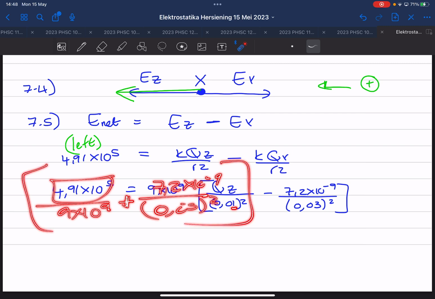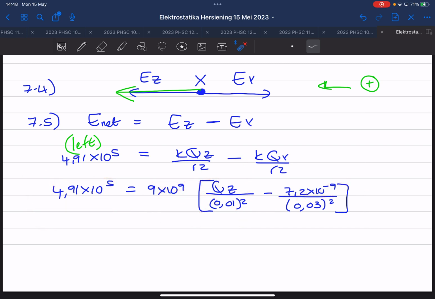En dan gaan jy hom maal met 0,01 kwadraat. Okay, ek dit reg gekies.